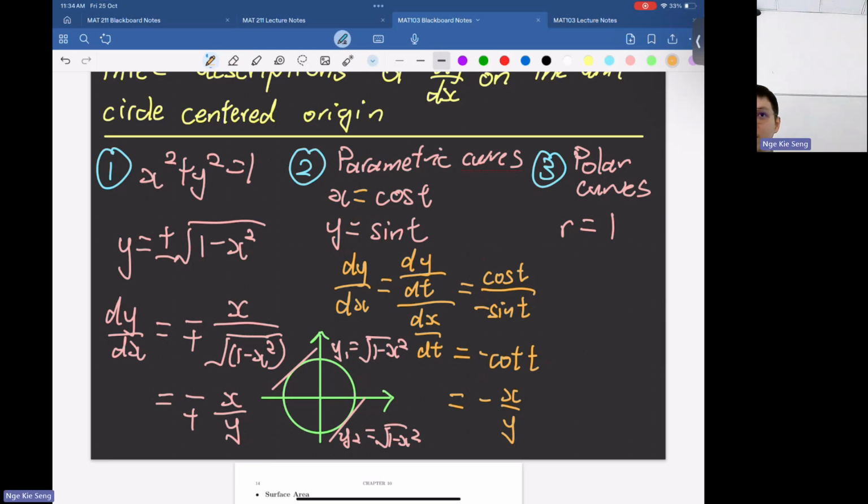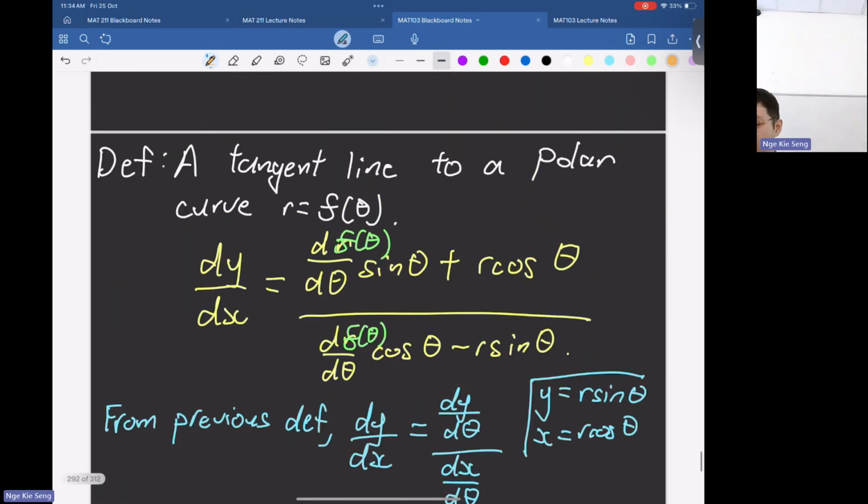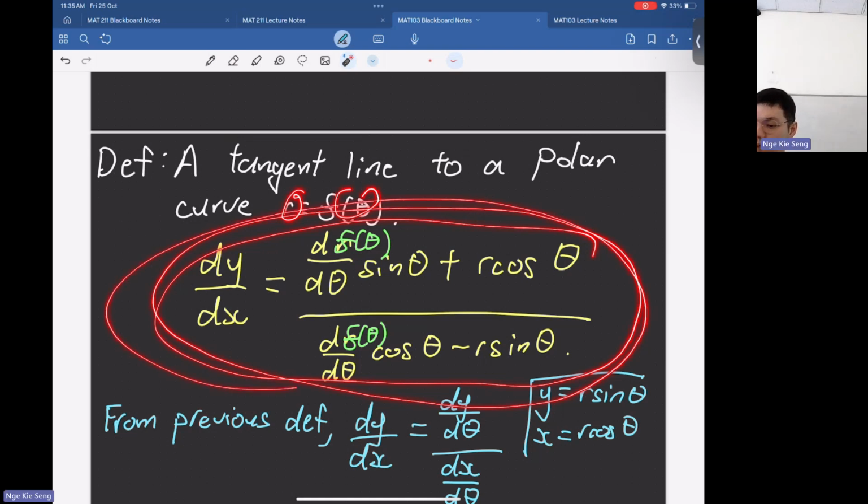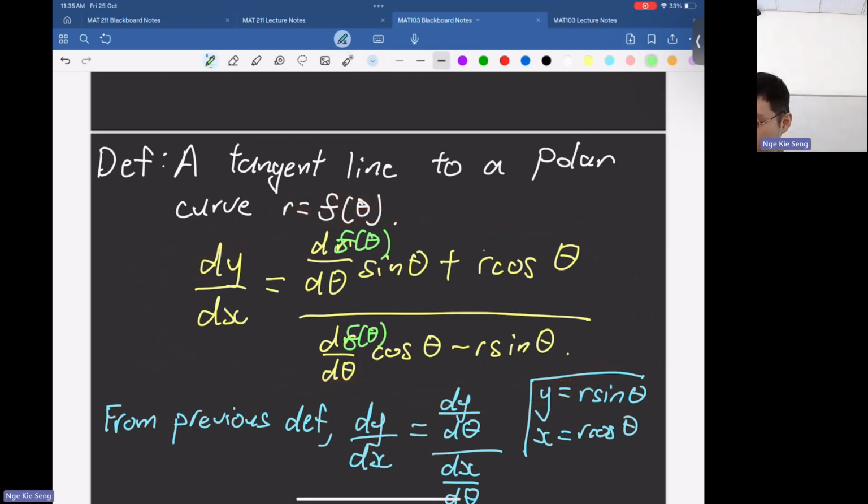This is a constant function. We have this formula here. If your r is constant, what are you left with? Can you see it? What are you left with? Here, ask theta. What are you left with?